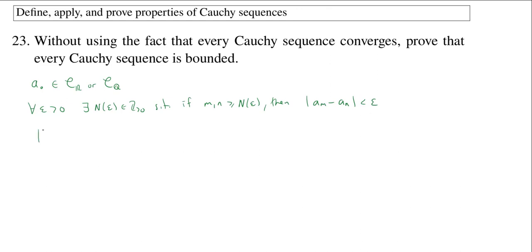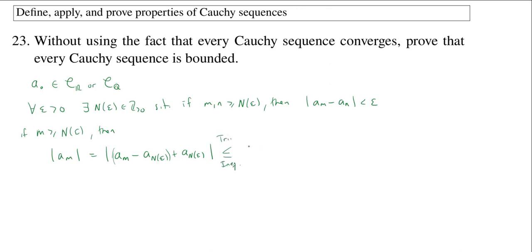If I consider, let's say, m at least n of epsilon, then the absolute value of a sub m, I'd like to put an upper bound on this. I know that this is equal to the absolute value of a sub m minus a sub n of epsilon plus a sub n of epsilon. Of course, I'll add some parentheses, and now I can use the triangle inequality.